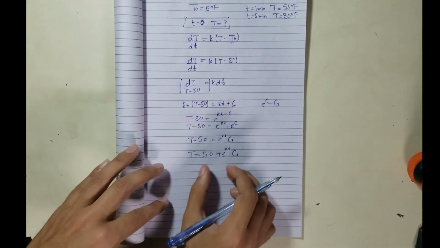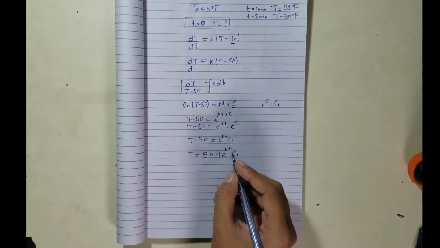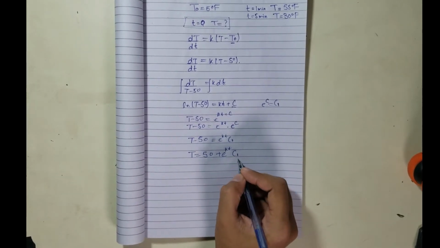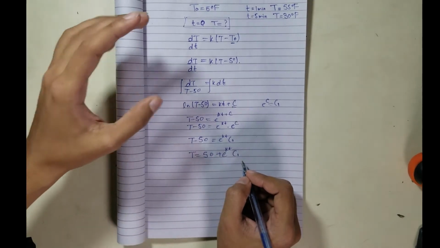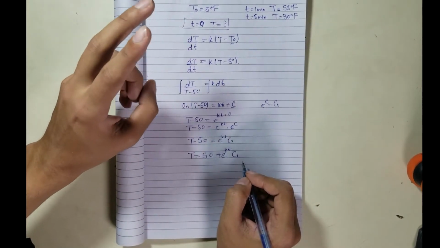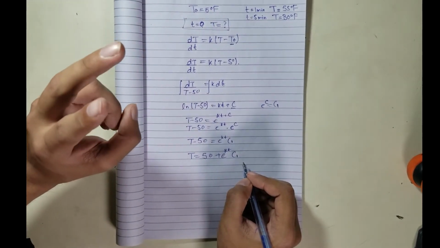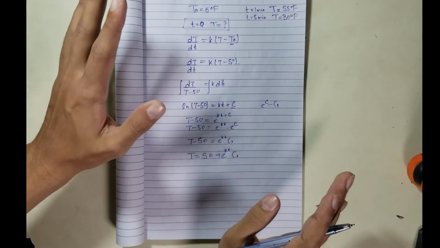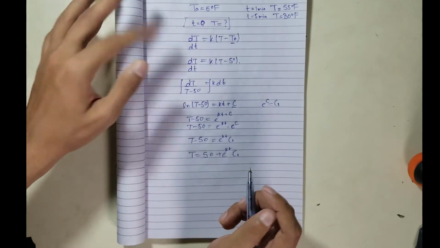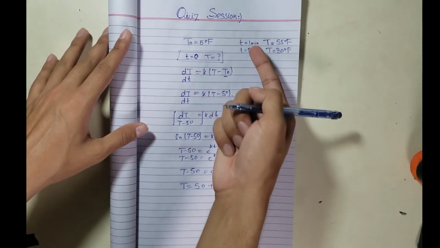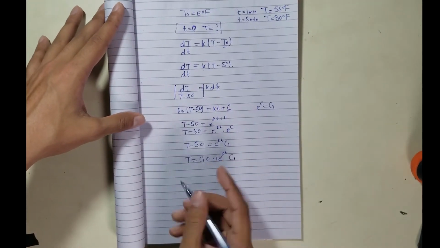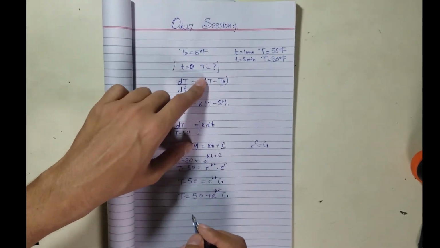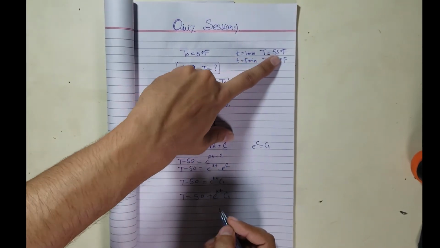Now as you can see, we have two unknowns in this equation, k and c1, and whenever we solve an application of a first order linear equation, we should have two conditions. If we have two initial conditions, then we can solve every application of this kind. So putting the first condition into this equation, at time t equal to 1 minute the temperature is 55 degrees.